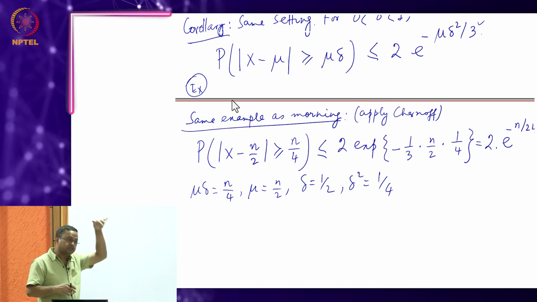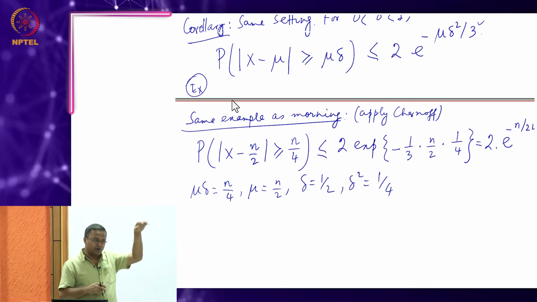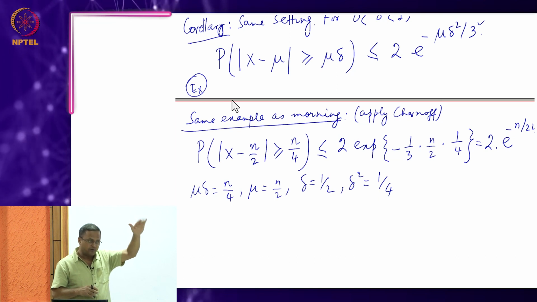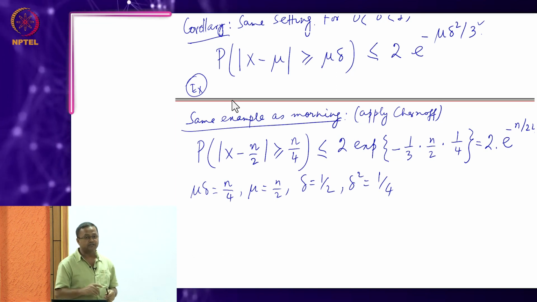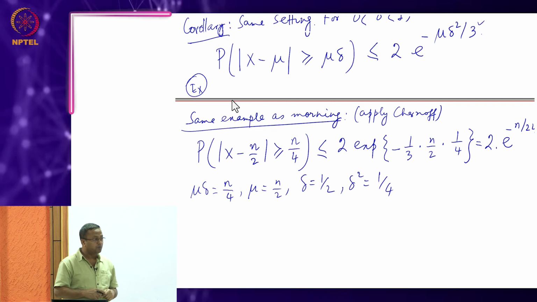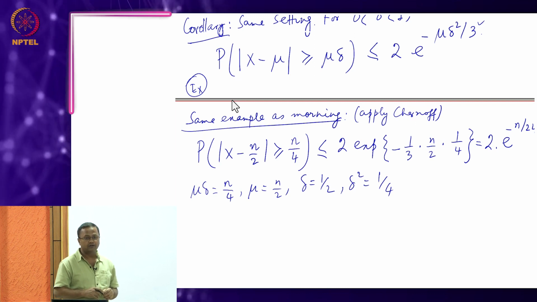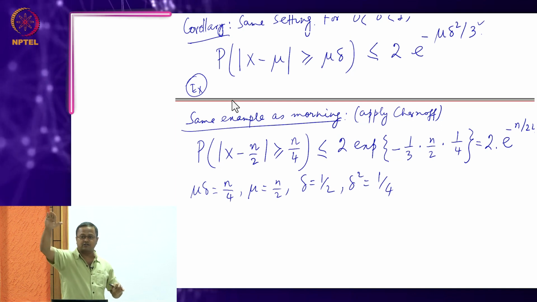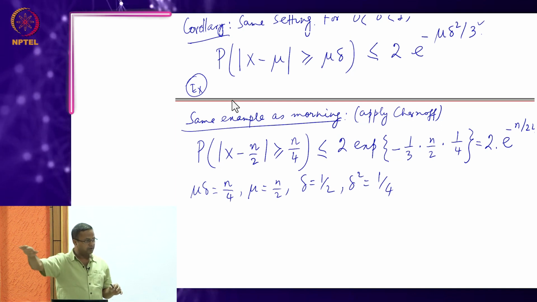So, you understand the sharp fall. Markov gave you 2/3, Chebyshev gave you 4 by n, 1 by a polynomial, and this is giving you 1 by an exponential, right? You all already know that an exponential grows faster than a polynomial.